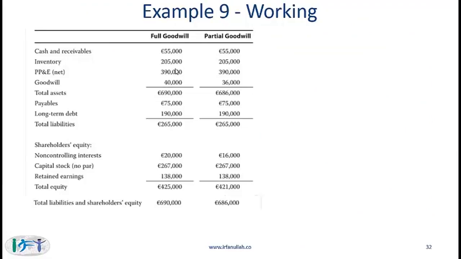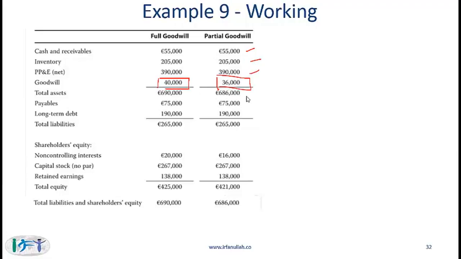Notice that cash, inventory, property, plant and equipment, here we simply add up the number from the acquirer and the fair value from the acquiree, and there is no difference between the full goodwill and the partial goodwill methods. The difference shows up on the goodwill front, where, as discussed on the previous slide, the full goodwill is 40,000 and the partial goodwill is 36,000.